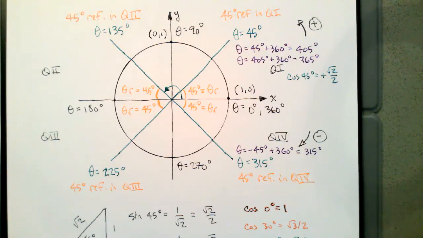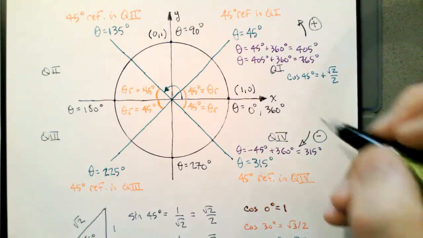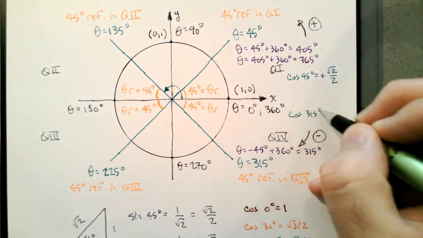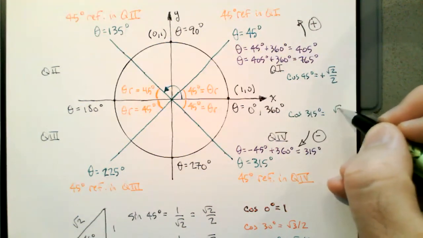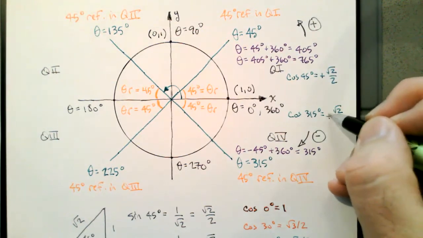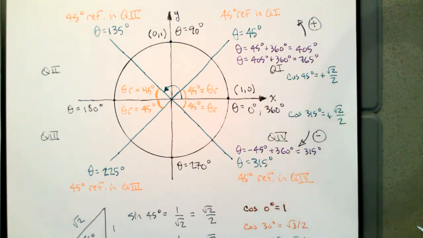When we go down to 315, it has a 45-degree reference angle, and it's in quadrant 4. So for the cosine of 315, the value comes from the reference angle of 45. Cosine of 45 is root 2 over 2, and cosine is positive in quadrant 4. So cosine of 315 is positive root 2 over 2.